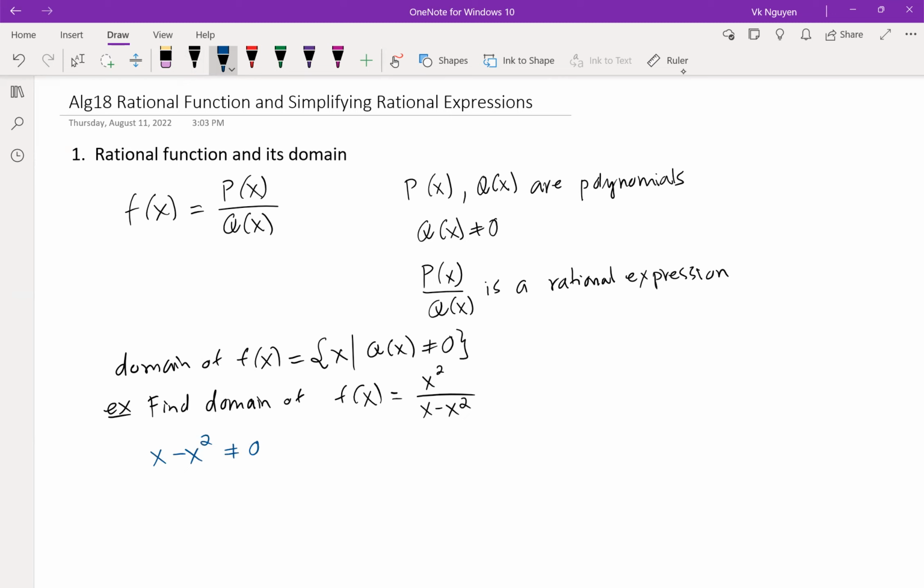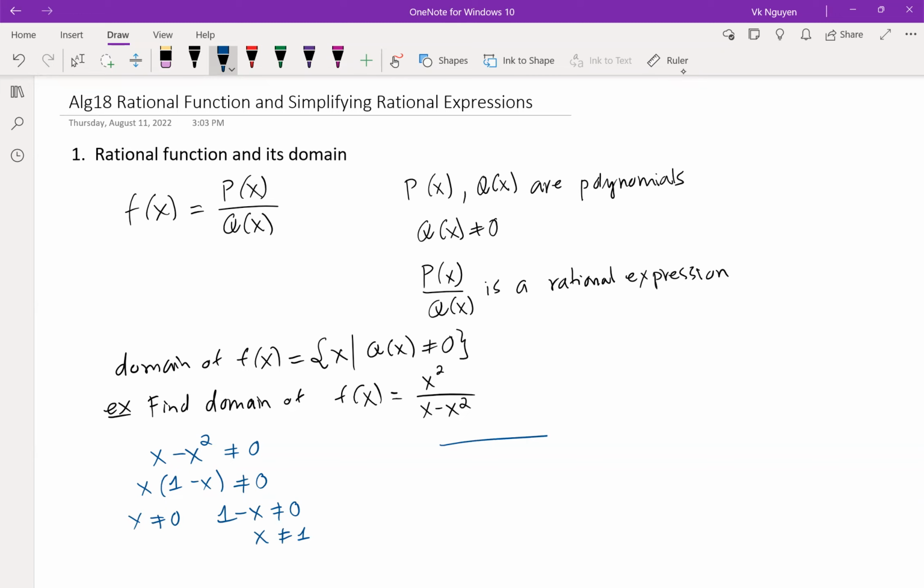From here, we can factor out the x, and get x times (1 minus x) is not equal to 0. If the product is non-zero, that means each factor has to be non-zero. So x is non-zero. 1 minus x is non-zero, meaning that x has to be not equal to 1.